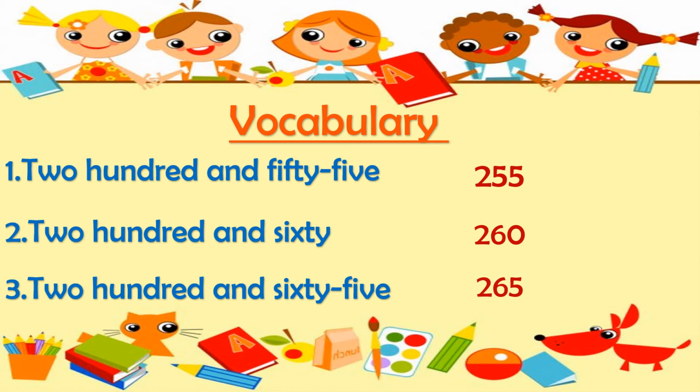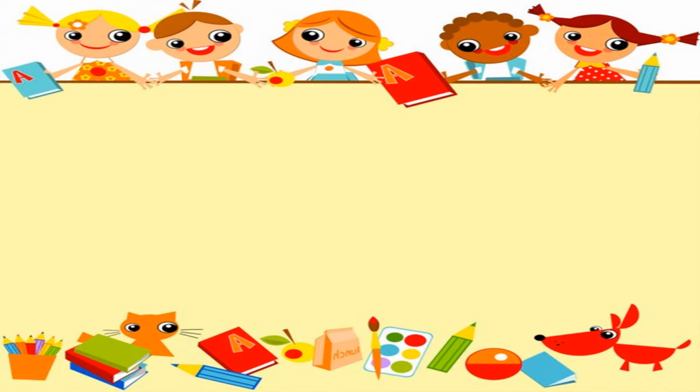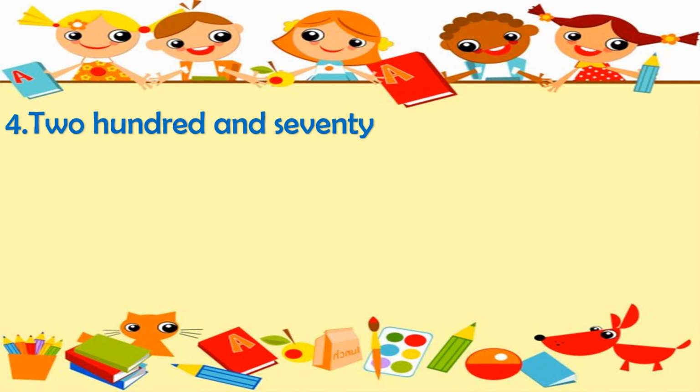But when you write 265 in number symbols, you can write 2, 6, and 5. Our number 4 vocabulary that is written in words is 270.